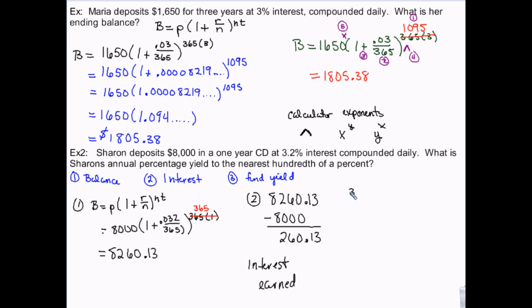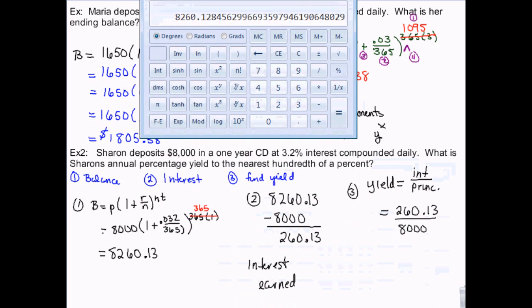And then to find the yield, I take the interest and I divide it by the principal. So I take that 260.13 and I divide it by the 8,000 that she initially deposited.